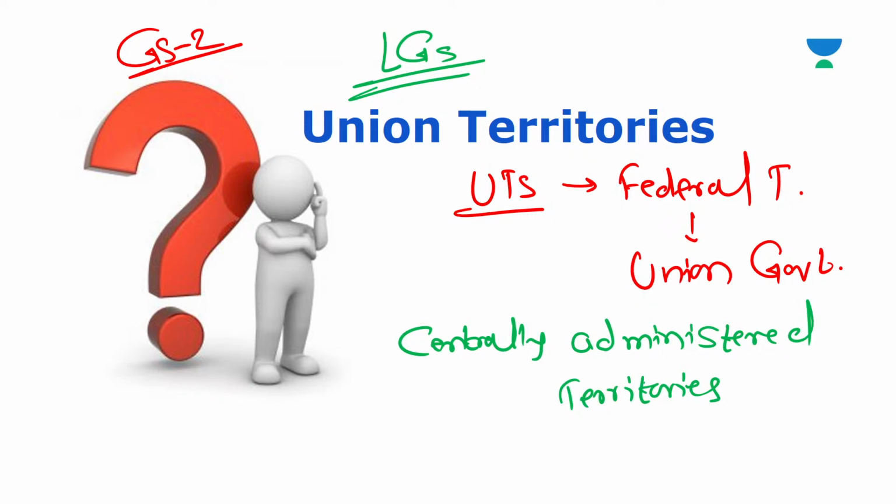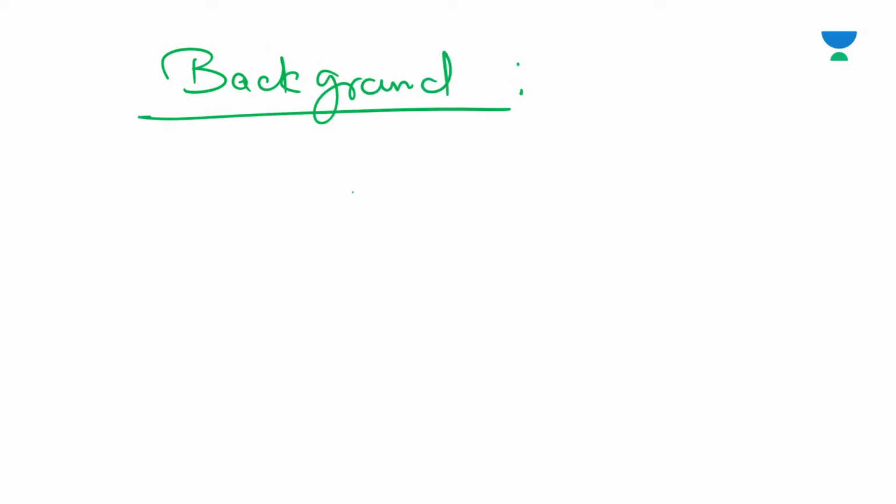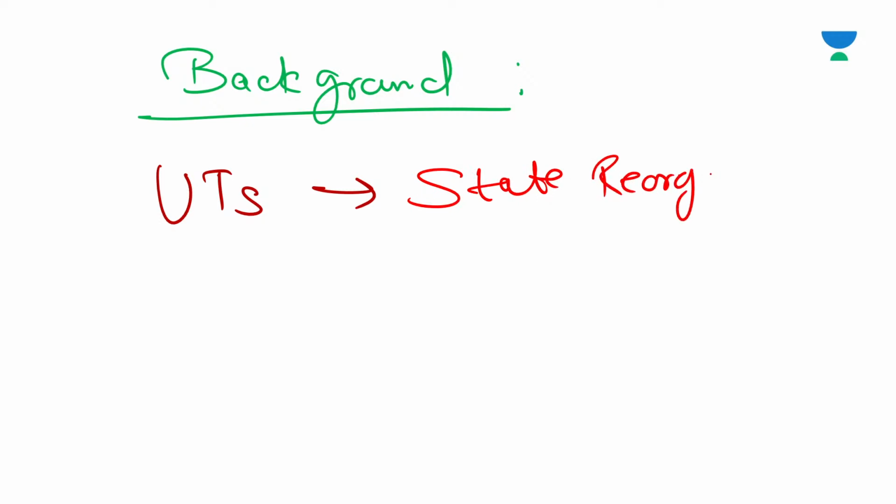Now friends, first of all, we'll understand the background. The union territories were introduced in the State Reorganization Act (1956).